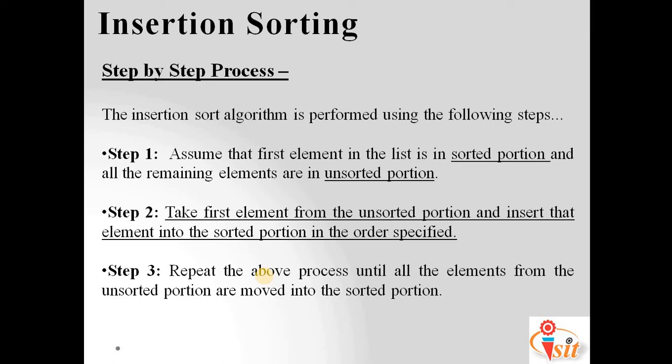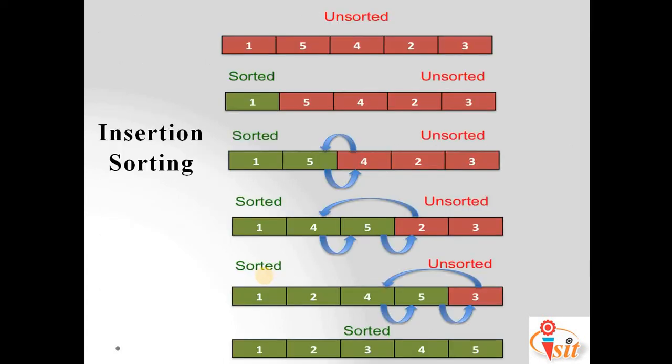Afterwards, we'll take the first element from the unsorted portion and insert that element into the sorted portion in the order specified. Repeat the above process until all the elements from the unsorted portion are moved into the sorted portion. Let us check the first simple example of how to implement the insertion sort algorithm.